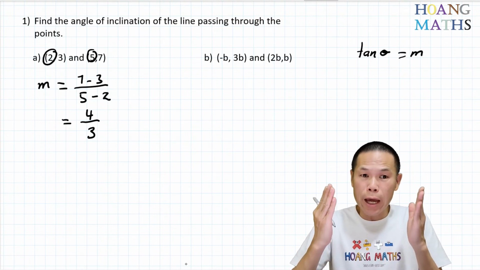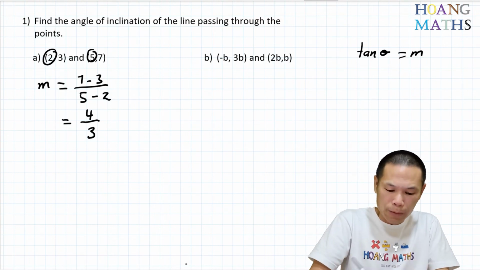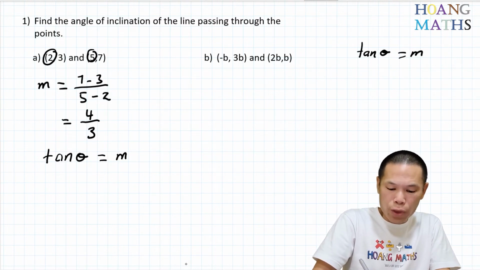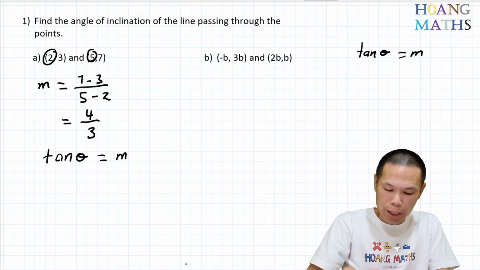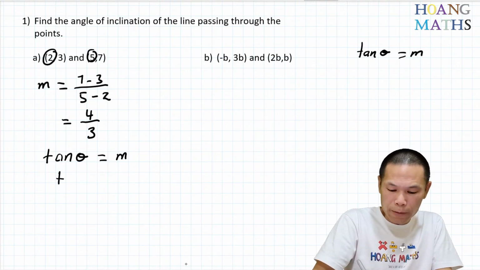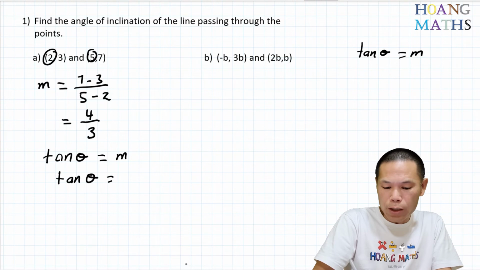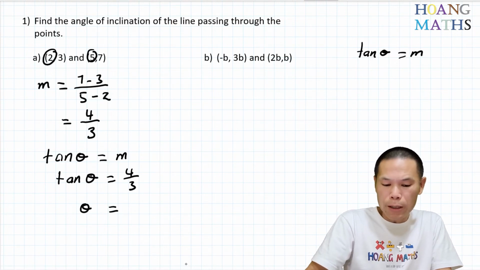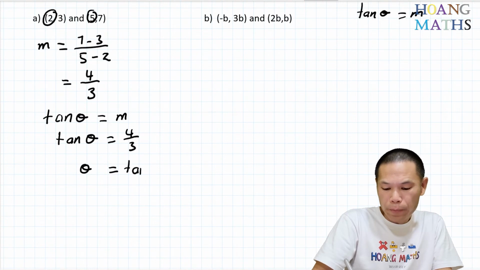Now to work out the angle of inclination. We know that tan of theta is equal to m, and m is 4/3. So tan of theta equals 4 over 3. Therefore theta must be tan inverse of 4 over 3.